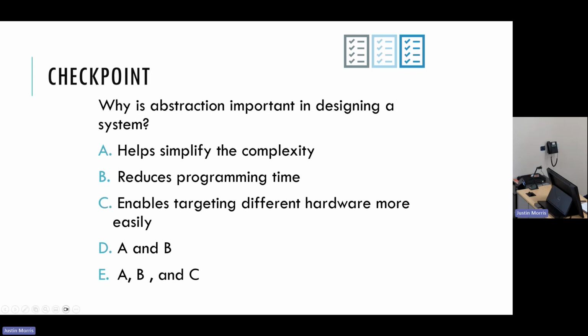Enables targeting different hardware more easily. I hear false. Anyone like true? I know there are some people that like true. I want to hear from a true person. So why do we like C?